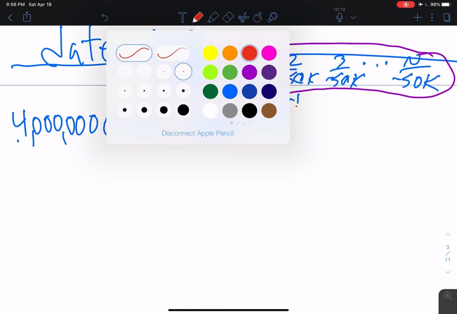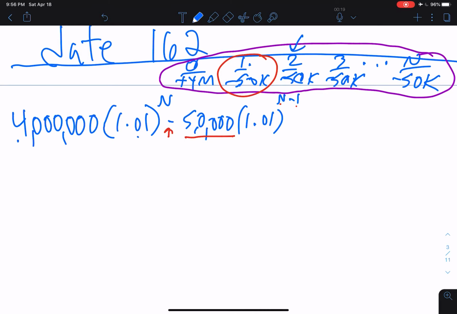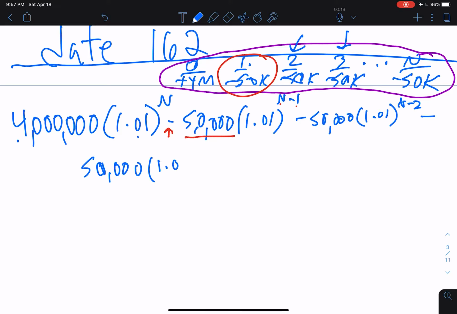All right. Now, what about this? Well, minus 50,000. And that will not earn interest at 1% a month for n minus 2 months. It will earn interest for 2 months. What about this one? Well, minus 50,000 times 1.01 to the n minus 3 power.